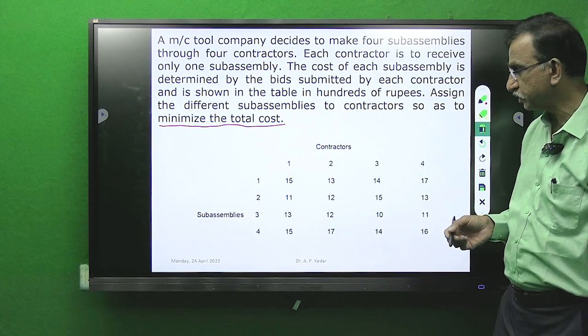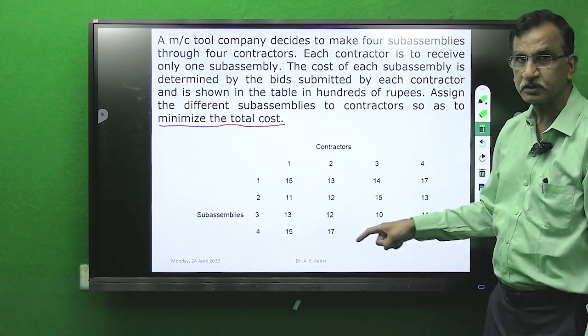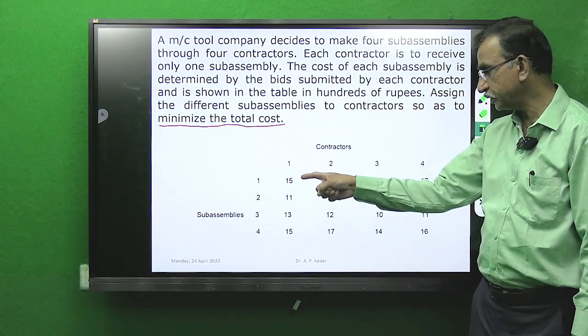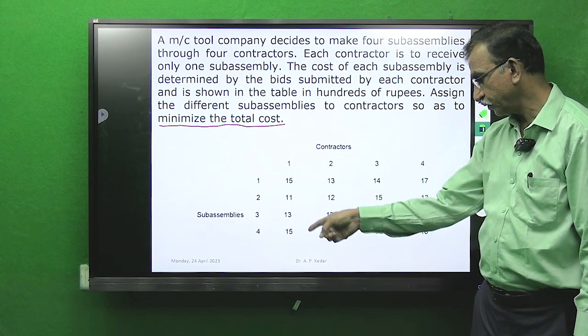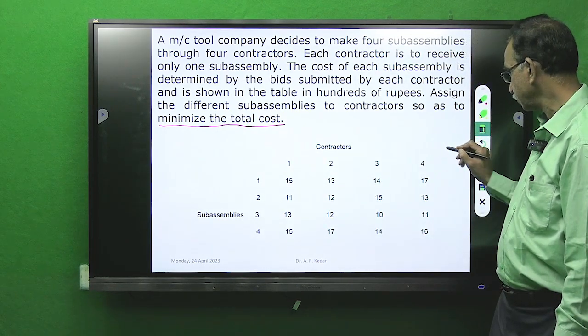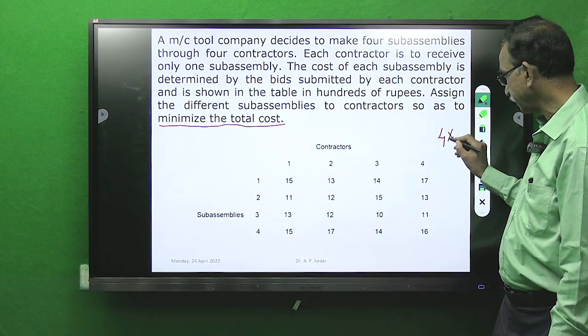So the very first step is we have to ensure whether the given matrix is a square matrix or not. Now we can see second row, third row, fourth row, first column, second column, third column, fourth column. So it is actually a 4 by 4 matrix.